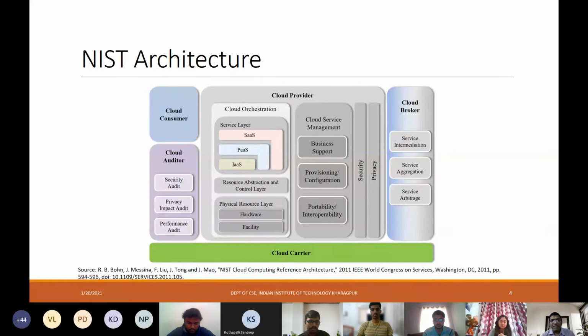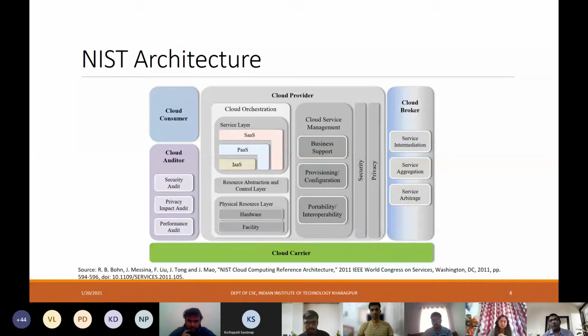So these different services that we talked about, SaaS, PaaS, and IaaS as part of the service layer, these will have to be offered in the form of different types of services. So you have cloud service management, which takes care of the management of these different cloud services. And in turn, it is comprised of three different blocks. One is called the business support. Second is called the provisioning or configuration, and third is the portability or interoperability.